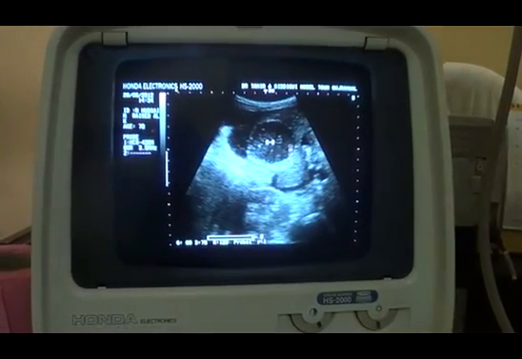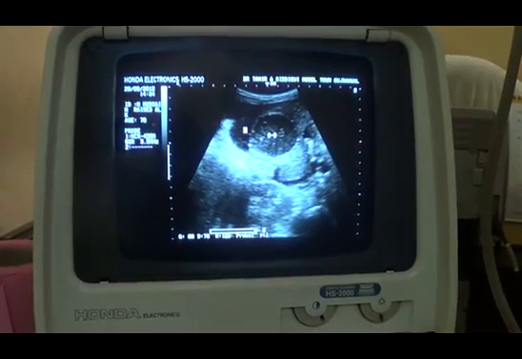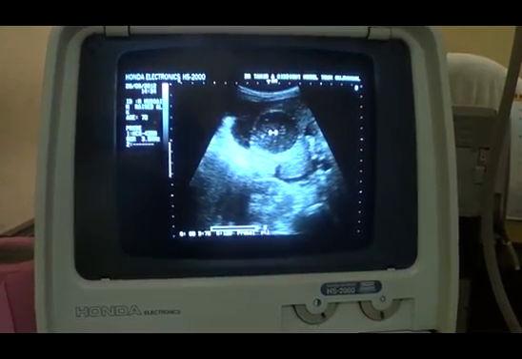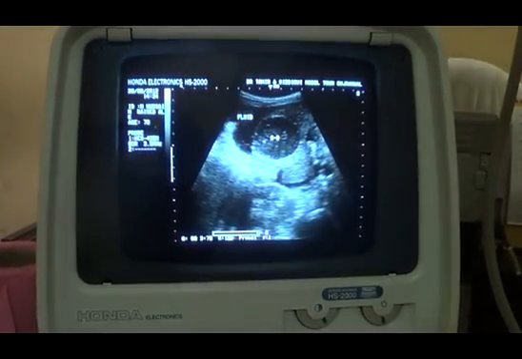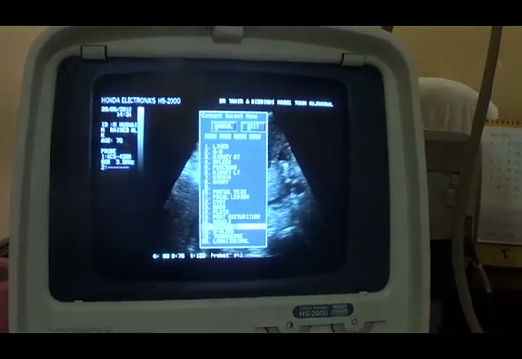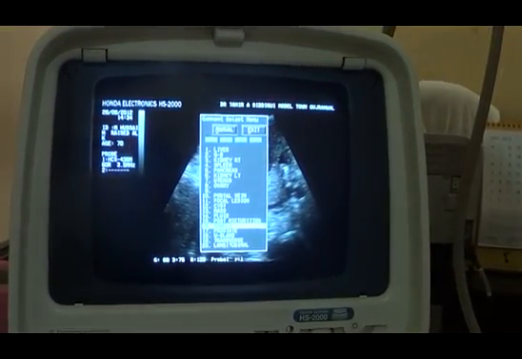This is the wall of the gallbladder, which is not thick, and this is the fluid pocket with septations within it. This is the bowel. These are the bowels.